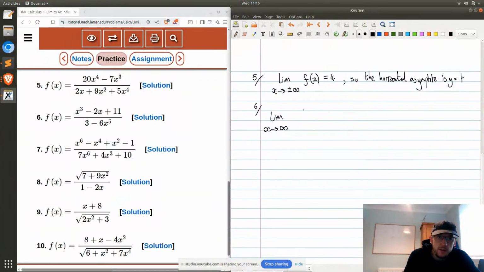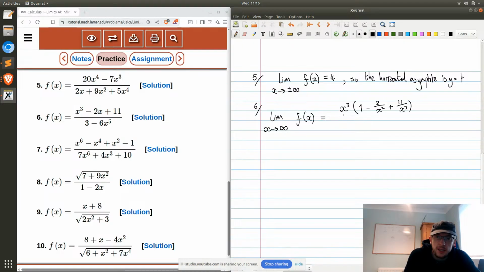The limit as x approaches infinity of f of x. Sorry, the sixth one, if I misspoke. So we factor out x cubed, and we obtain 1 minus 2 over x squared plus 11 over x cubed.